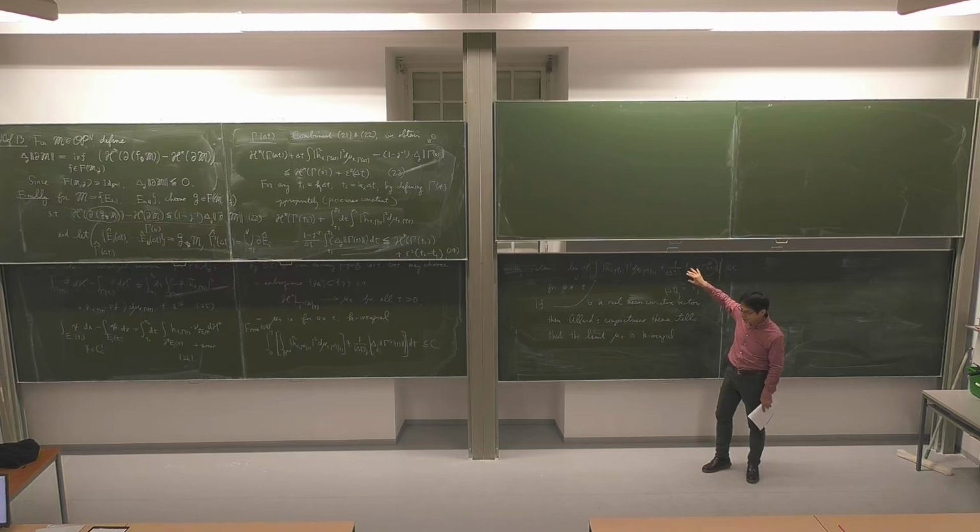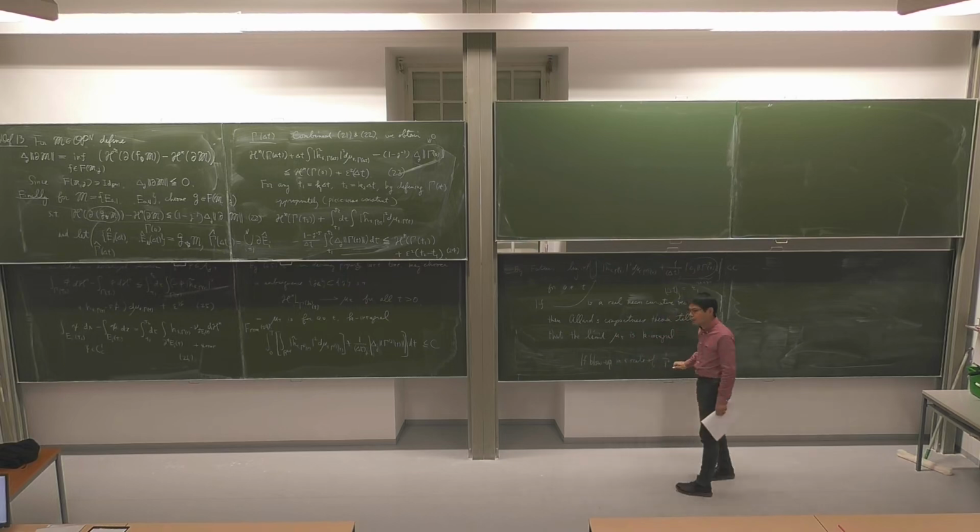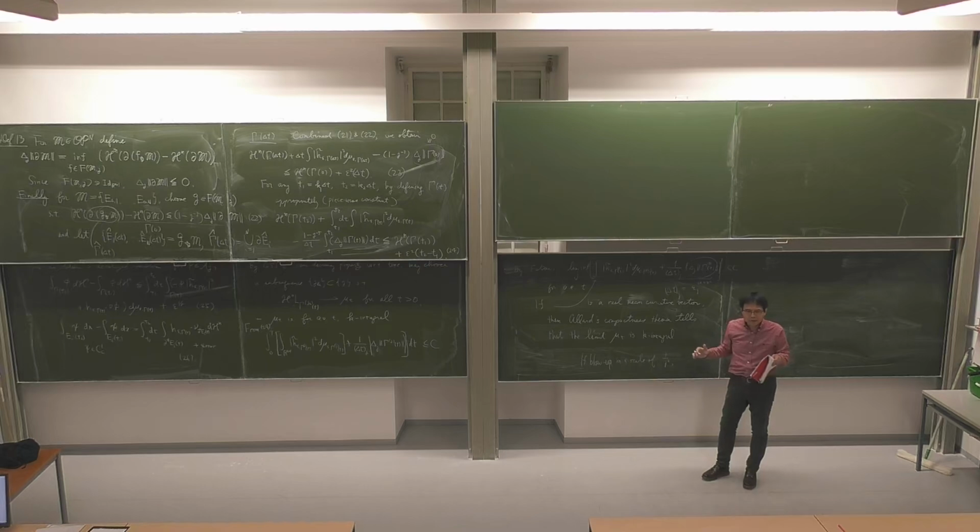So in a small scale, you can even prove that if you blow up by a scale of 1 over j square, then you can show that this small scale is actually area minimizing.